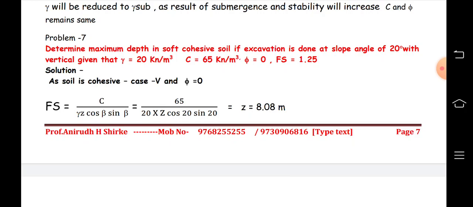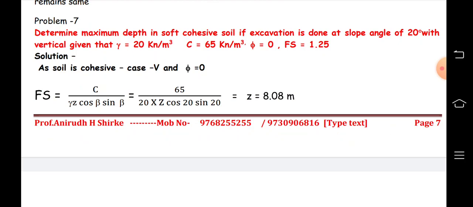That is the purely cohesive case, the infinite slope for cohesive soil. For cohesive soil, cohesion is present and phi equal to 0. So the factor of safety is equal to c upon gamma z cos of beta sin of beta.